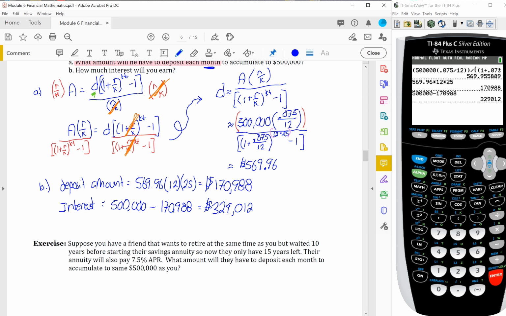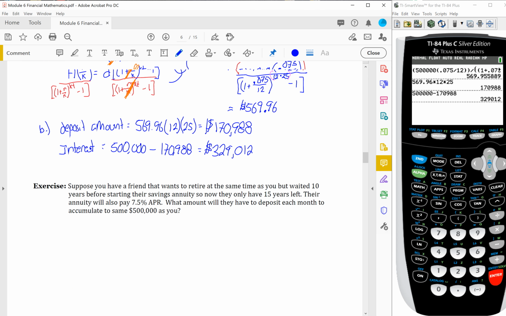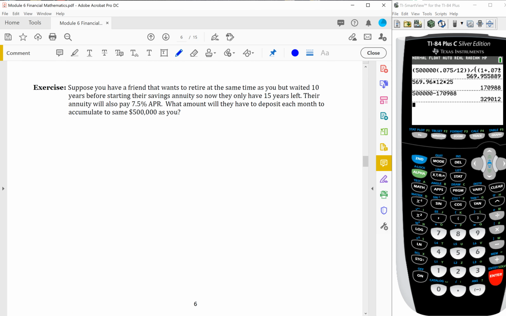Okay, let's look at another example. Suppose you have a friend that wants to retire at the same time as you, but they waited 10 years before starting their savings annuity, so now they only have 15 years left.